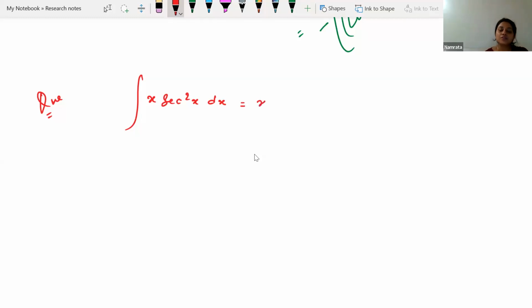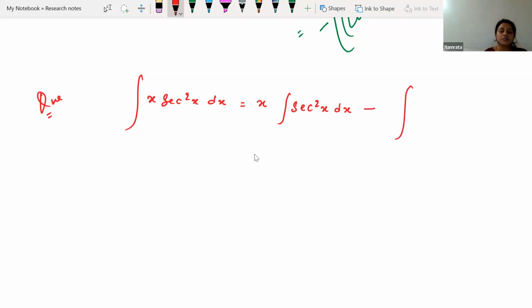So we take first function times the integration of the second function. Do we have any formula for the integration of sec square x? Tan x plus c. Yes, the integration of sec square x is tan x only, right? So let's continue.